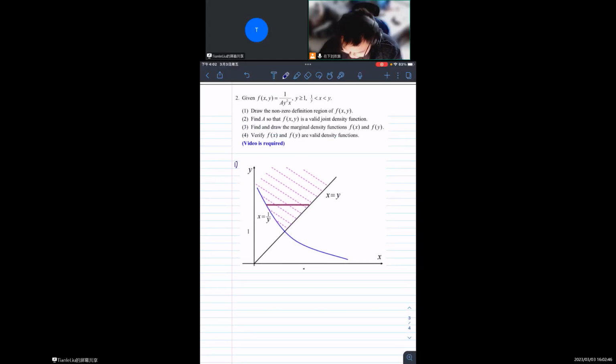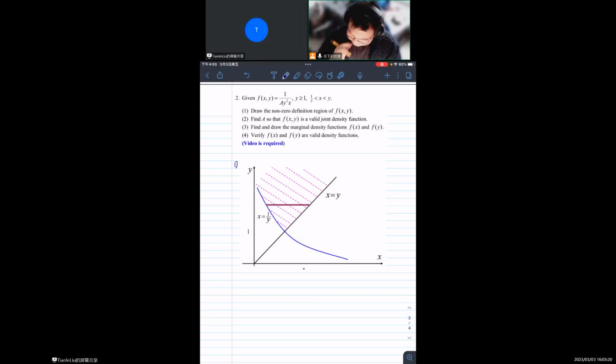For the first one, the clue already gave us the graph, and it's not hard to understand why it turns out like this. For this one, we will have the domain for x, and for y we will have the domain of y larger than 1.